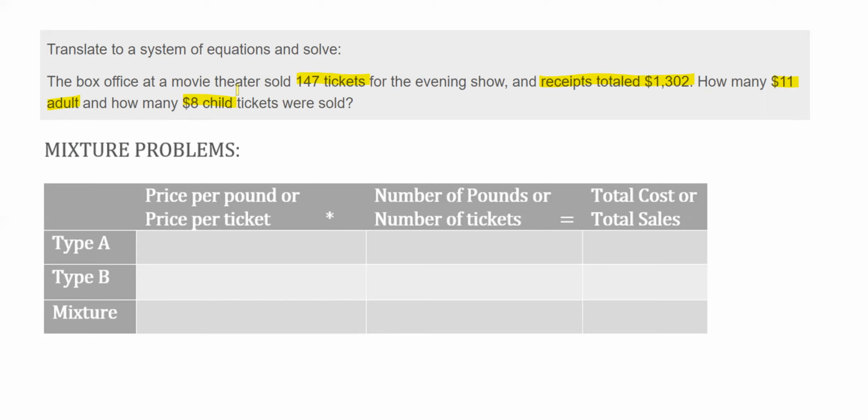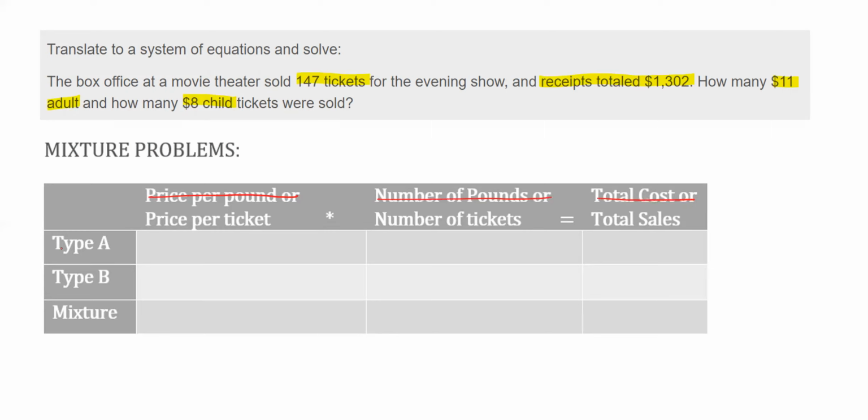You could use the 7-step problem-solving strategy to collect the details, but the same information can be captured in the table as well. We have to identify which template we're going to use. It's a mixture problem involving tickets, so we will use the ticket problem, and I'd like to remove the parts that involve price per pound.